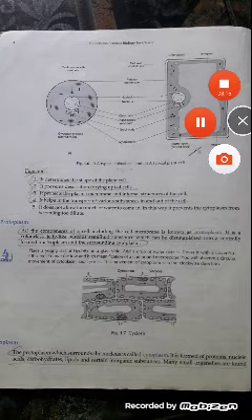Now, let us discuss the various functions of endoplasmic reticulum. First point, endoplasmic reticulum increases the surface area of the cytoplasm for various metabolic activities of the cell.